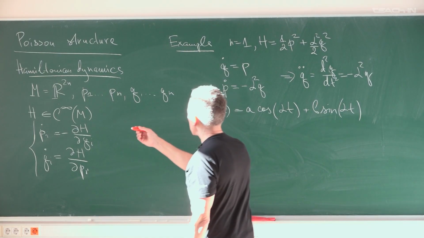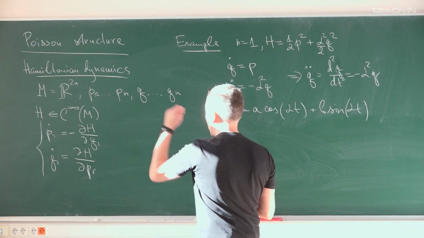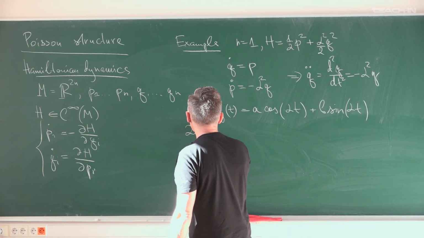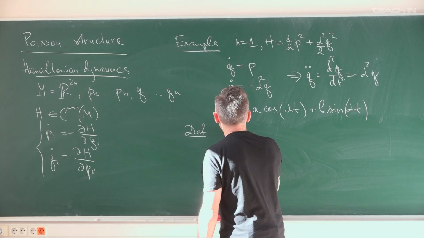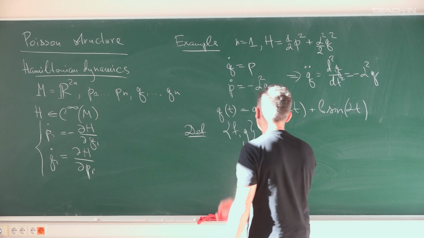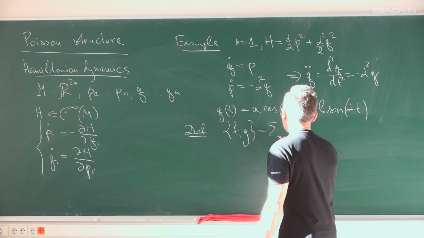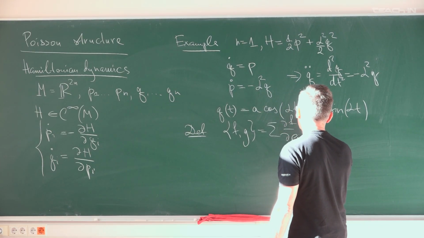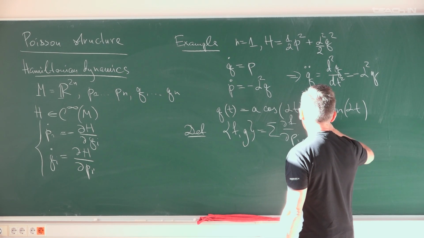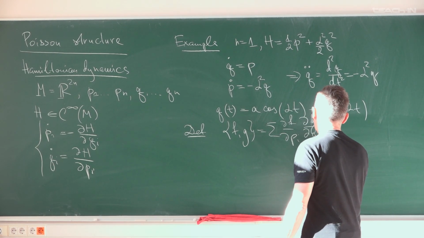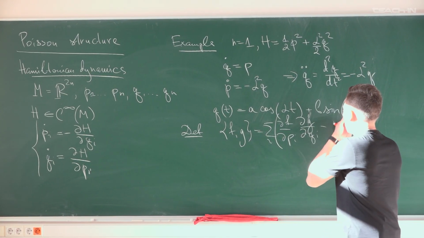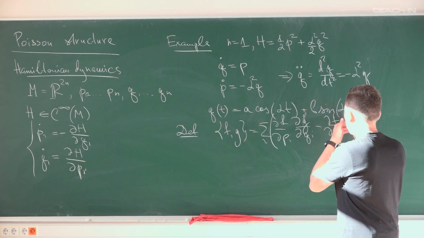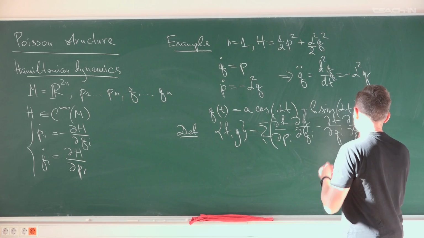But first of all, I'd like to define the Poisson structure on the standard Poisson variety. Definition. We define an operation on a pair of functions which will be the following expression: the sum of df over dp_i multiplied by dg over dq_i, minus the reversed derivatives, df over dq_i times dg over dp_i.